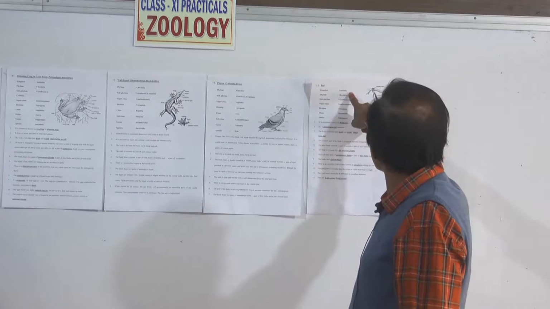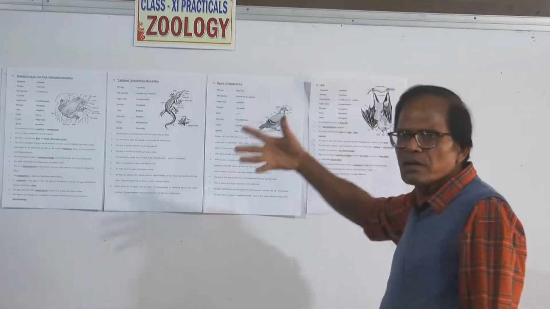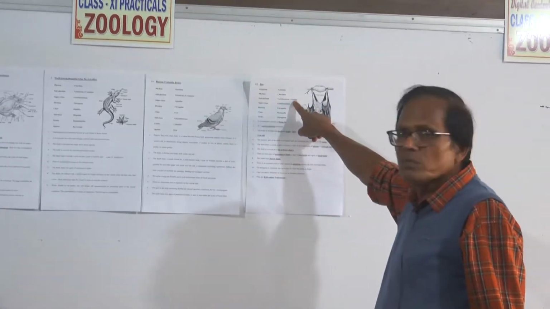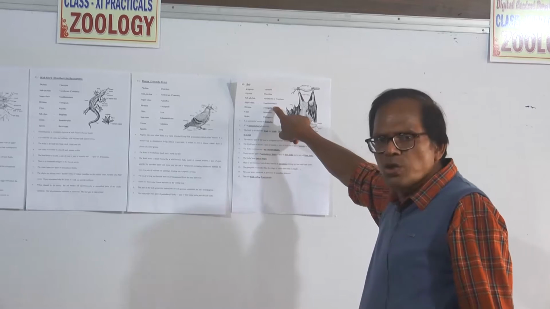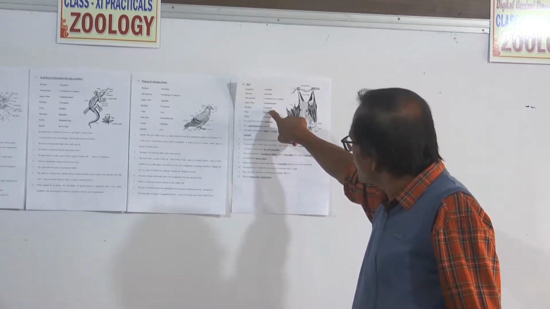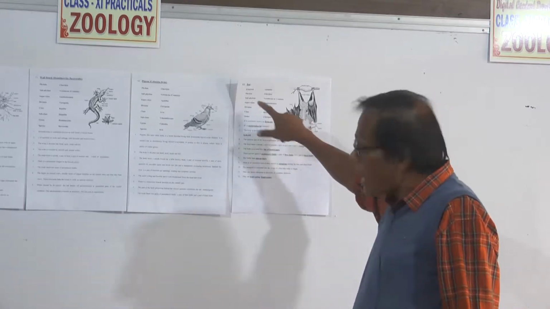Look at this. Animalia, Chordata, Vertebrata or Craniata. There is a vertebral column or an endoskeleton or a cranium. There are two jaws, Gnathostomata. There are two pairs of pentadactyl limbs, Tetrapoda. Mammalia.